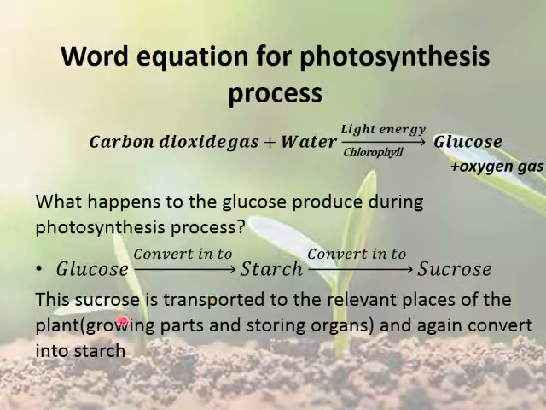So the sucrose is transported to the relevant places of the plant and again converted into starch and stored permanently. It will be in plant fruits, leaves, stem parts, and so on.